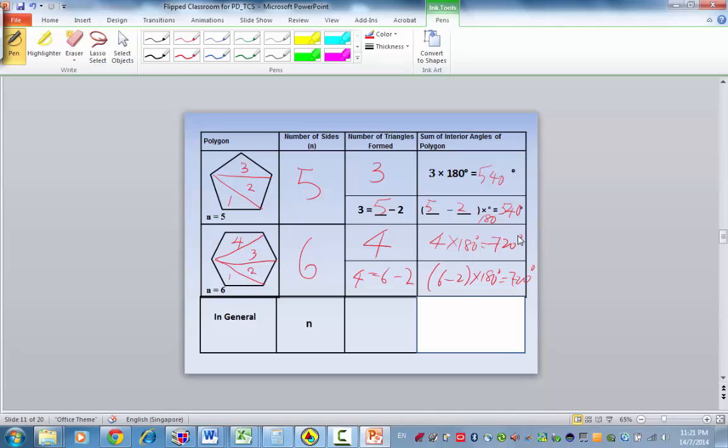Therefore, in general, for any n-sided polygon, the number of triangles formed will be number of sides minus 2. The sum of all the interior angles will be n minus 2 times 180 degrees.